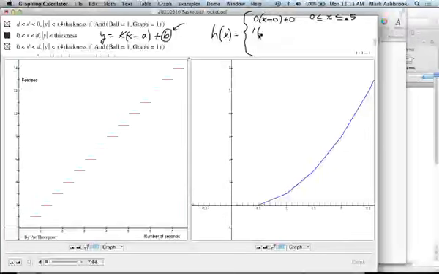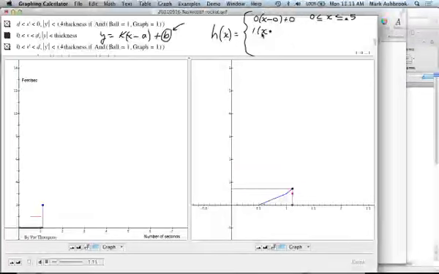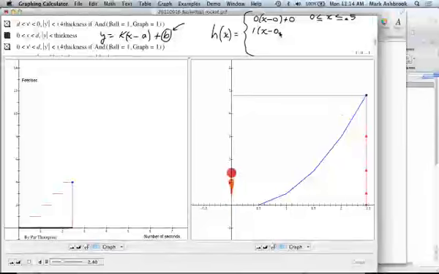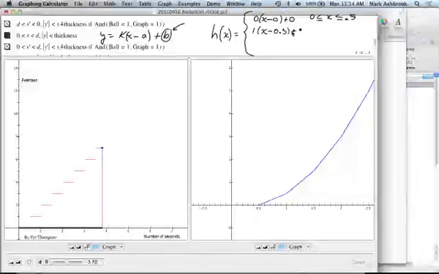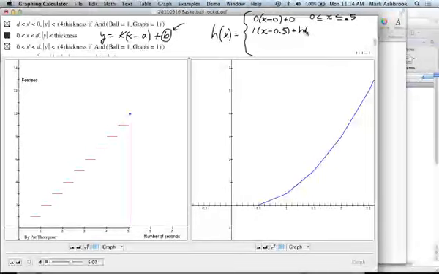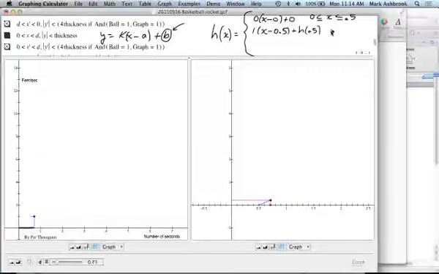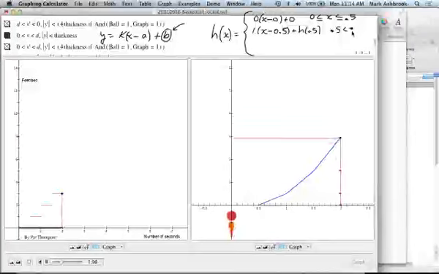The new rate is 1, plus h of 0.5. And that's over the interval 0.5 to x to 1.